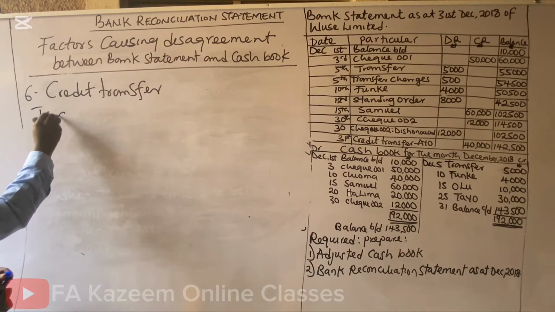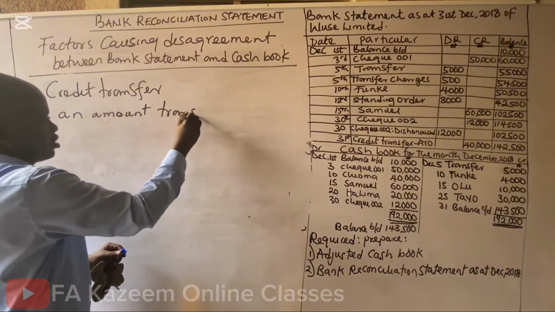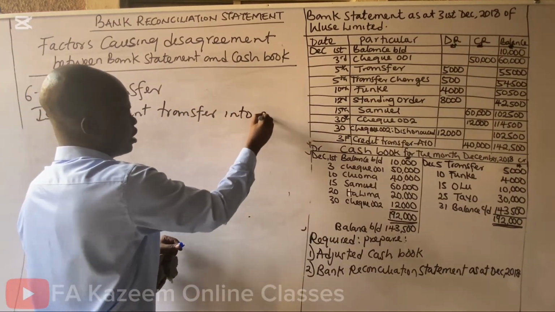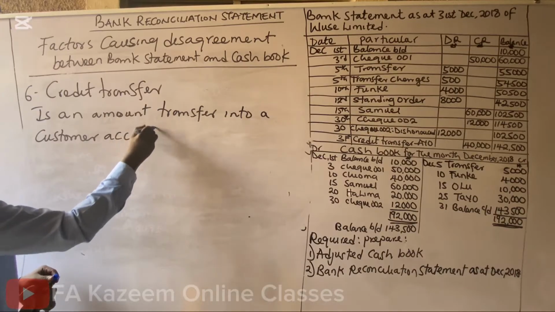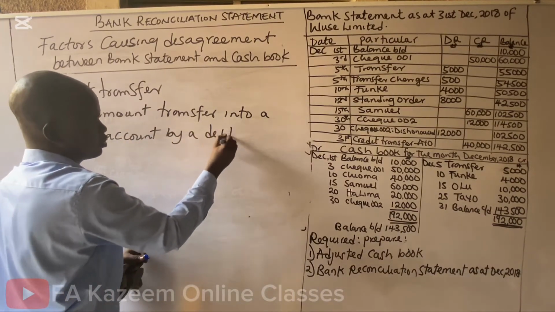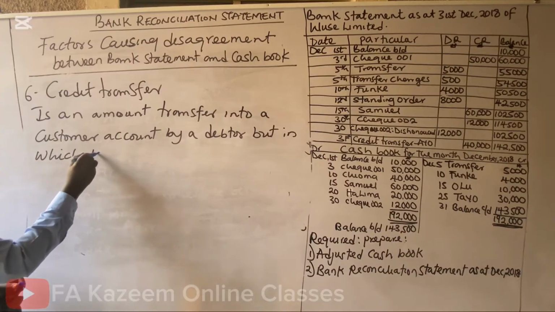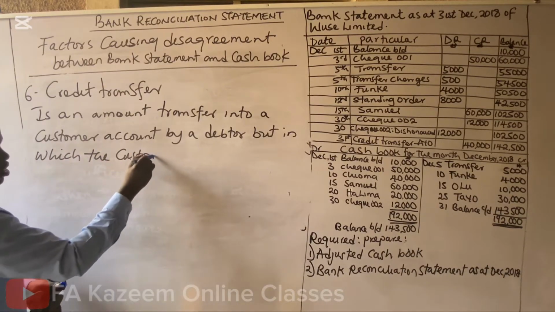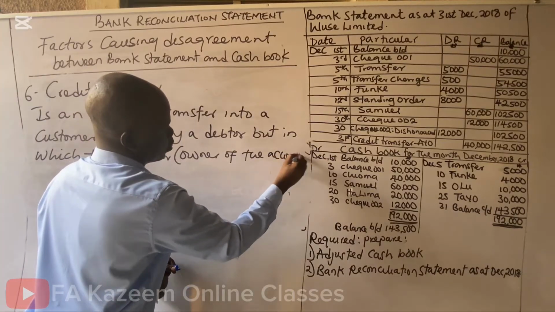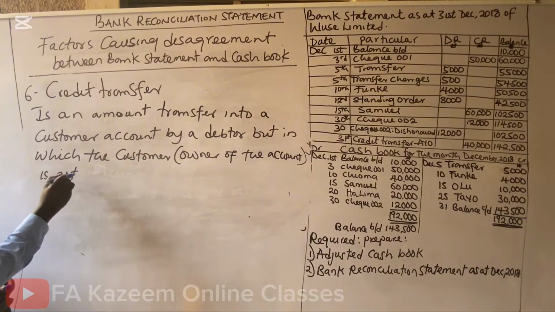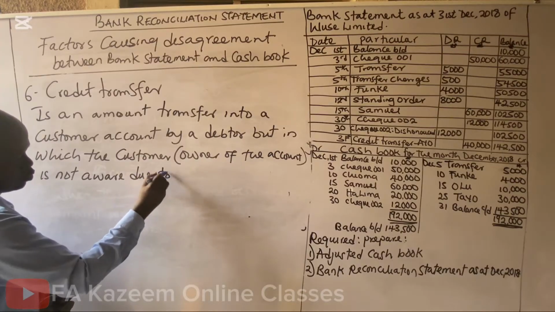Credit transfer is an amount transferred into a customer's account by a debtor, but of which the customer, who is the owner of the account, is not aware, due to network failure.